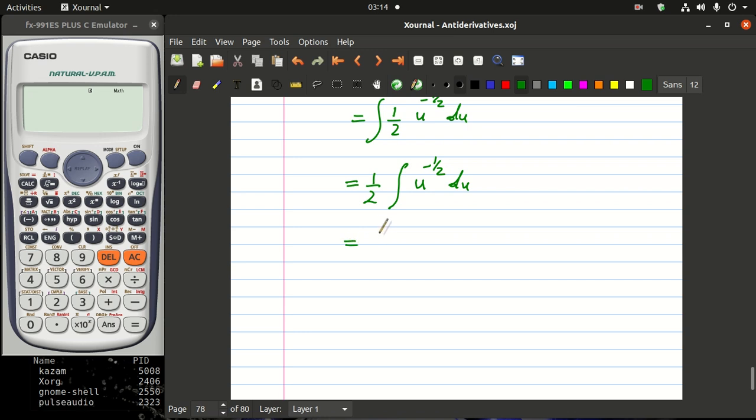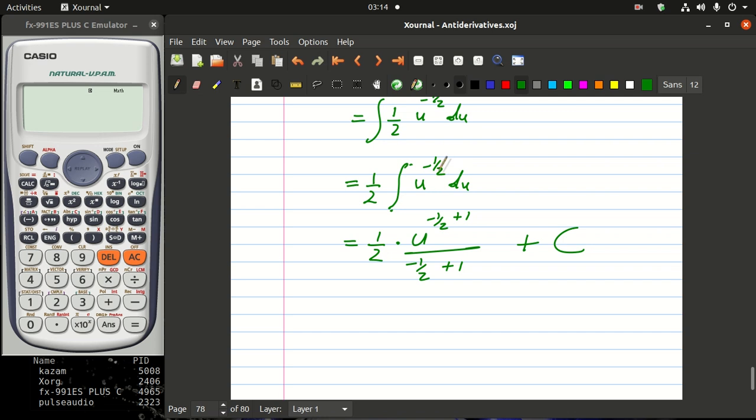Once I have that, I will have 1 over 2, and then for this whole thing here, you have u raised to minus 1 over 2. I have to add a 1 to the exponent. I don't have to worry about limits because I'm not going to evaluate anything. So I multiply by u raised to minus 1 over 2 plus 1, divided by minus 1 over 2 plus 1, plus the constant of integration, because we don't have anything else there.